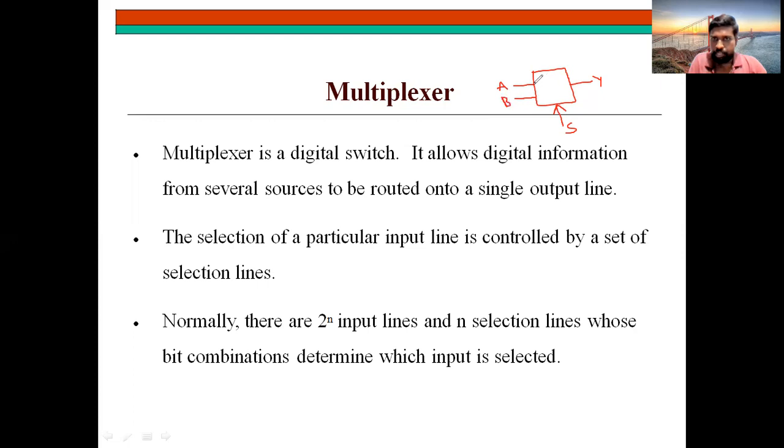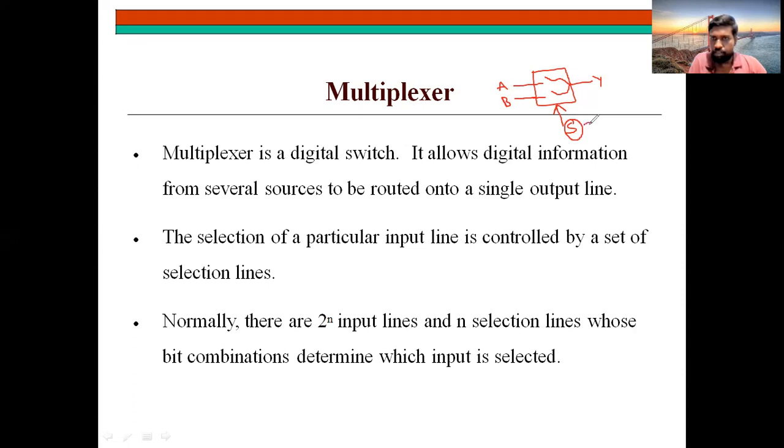Now what I am saying is, internally it consists of switches. You know what a switch is? Internally it consists of switches like this. Depending on the value of S, any one of the two inputs will be taken to the output.